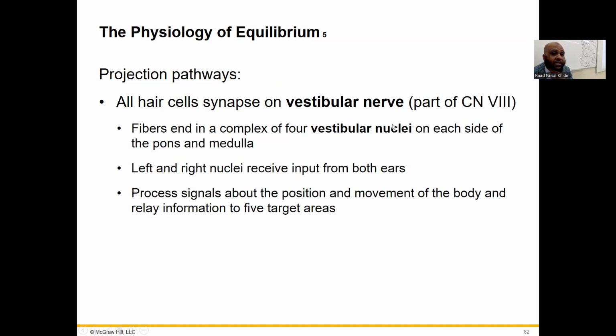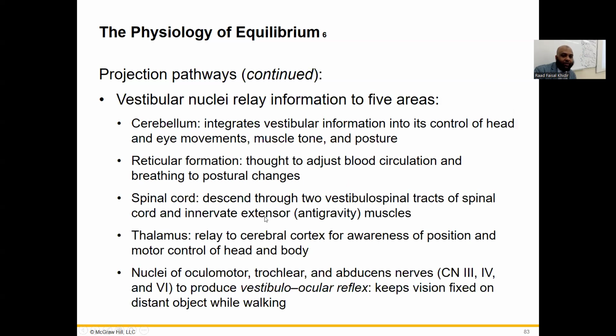Fibers are going to end in a complex of 4 vestibular nuclei on each side of the pons and the medulla. The left and the right nuclei receive input from both ears, and they process the signals about your position and the movement of the body, and relay the information to 5 areas.